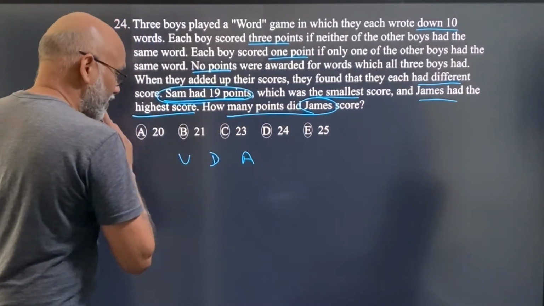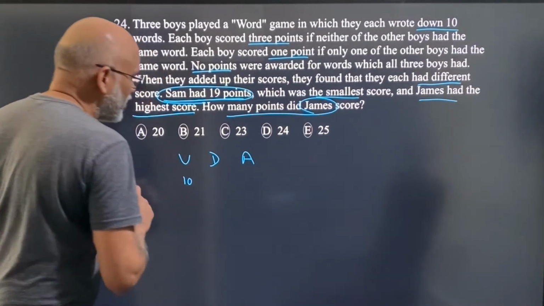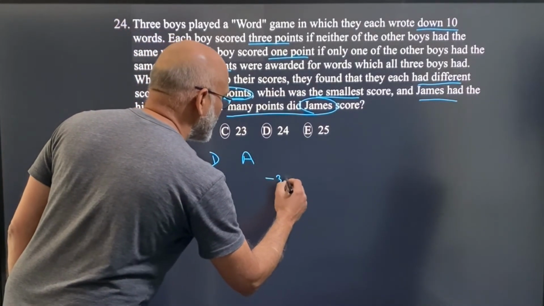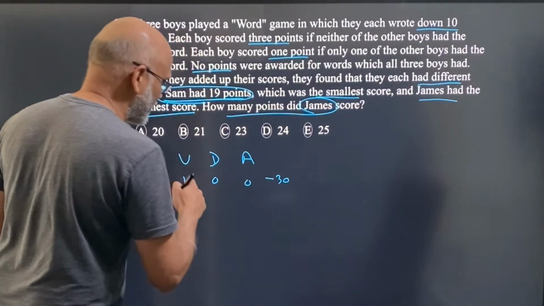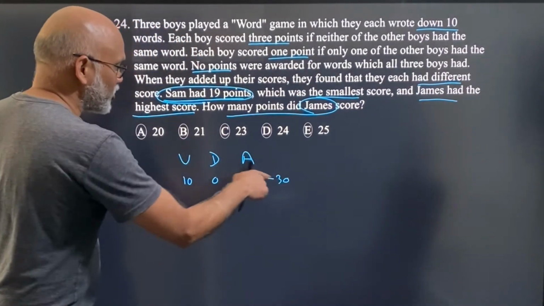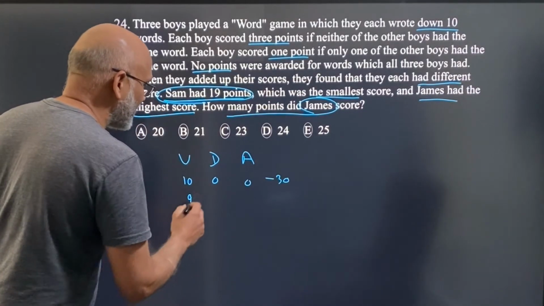If he got all 10 unique words, he would get 30, with 0 duplicate and 0 all had, because they all need to add up to 10. Then he would get 30 points. That is too much. How about he had 9 unique?